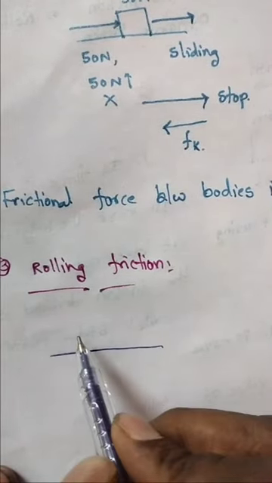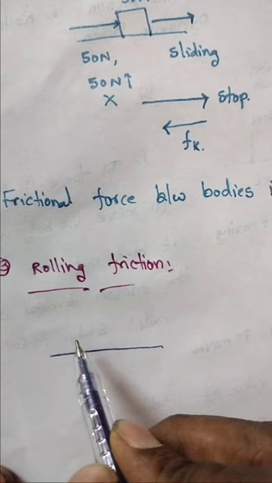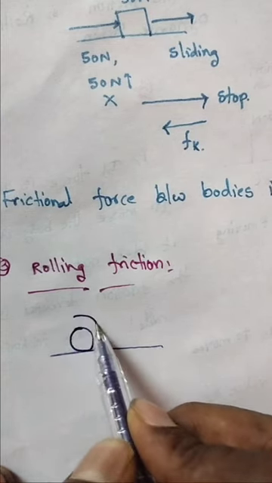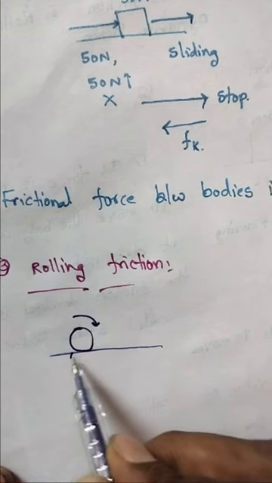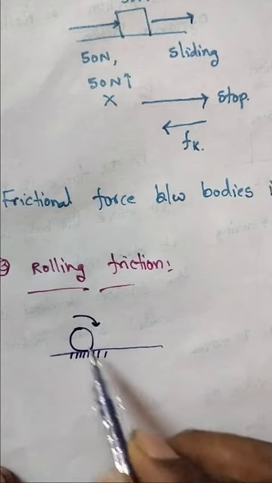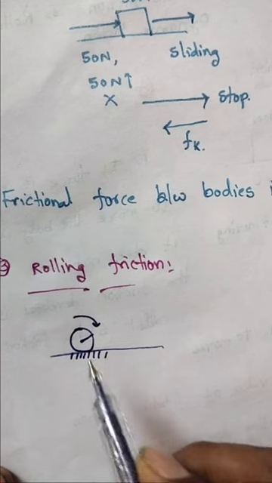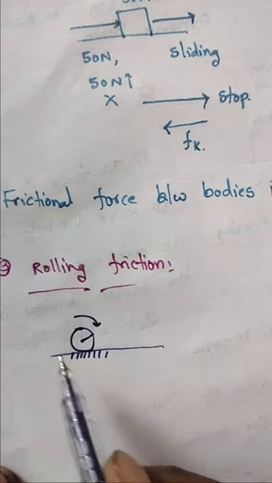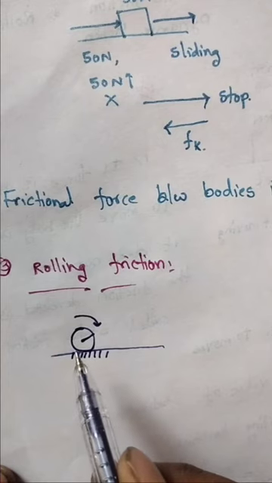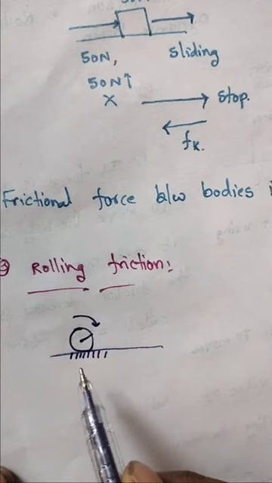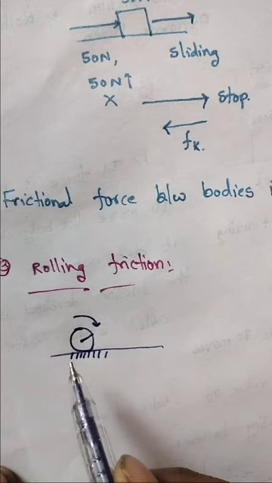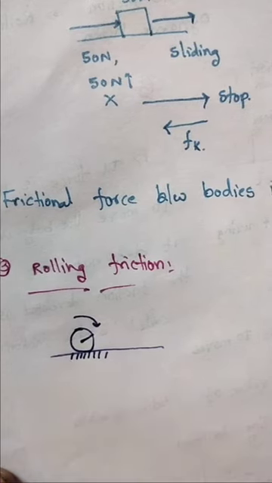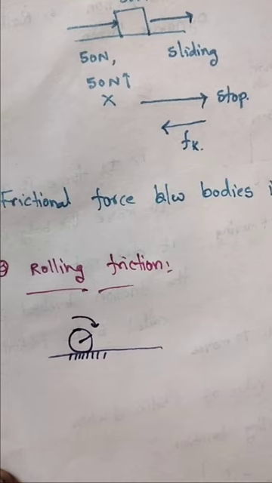This is a tire, and the tire is rotating with respect to the surface of the road. Between the tire and the road a very small friction is acting. This friction is called rolling friction.